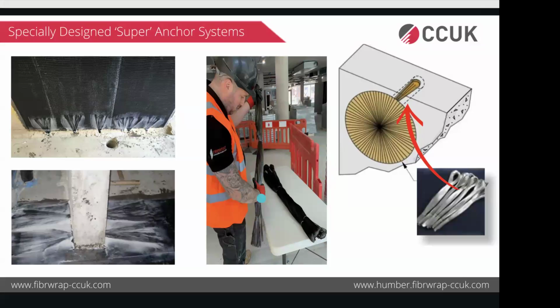Then there are these bigger anchors, which we call super anchors. They are specially designed anchors, designed for a particular force. As in this example, where we were strengthening the slab for hogging moments, we are basically looking downwards onto the column or slab area. There was a column in the way, as I explained on the previous slide.